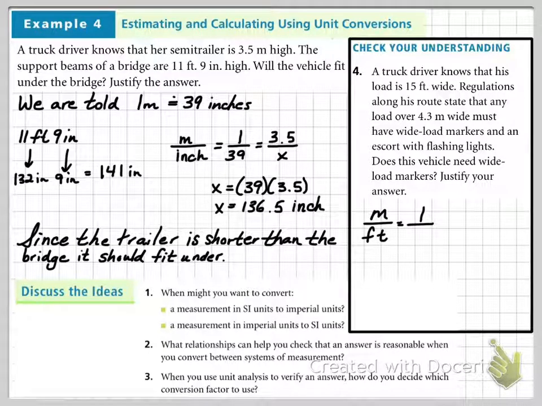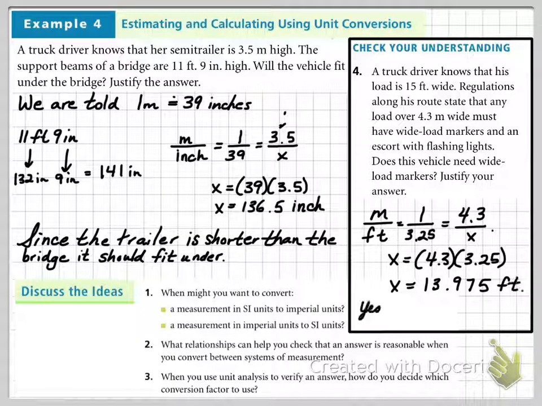That means for 1 meter, it's going to be 3.25 feet approximately, and that means 4.3 meters is going to be x feet. Cross multiplying, 1 times x is x. 3.25 times 4.3 gives us 13.975 feet. So his truck is too wide.